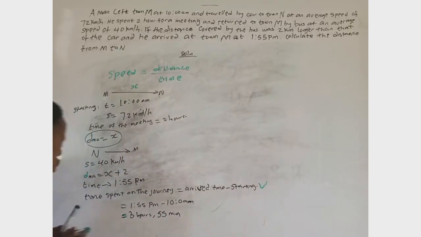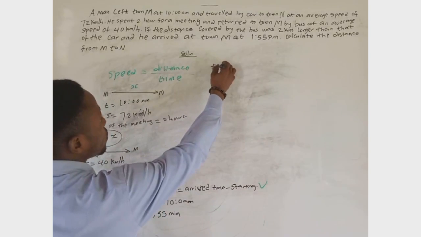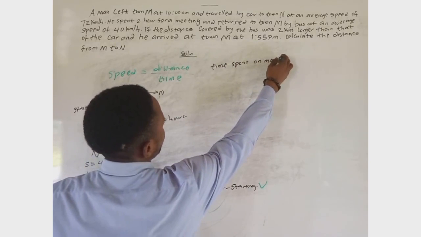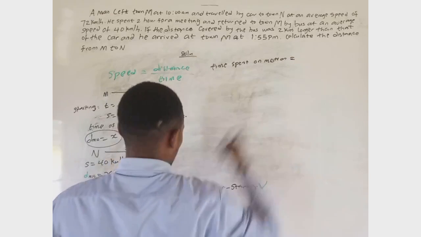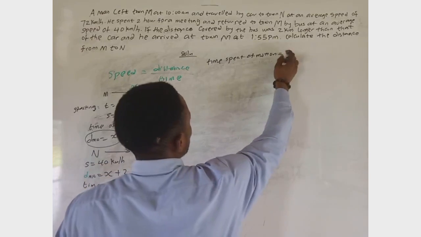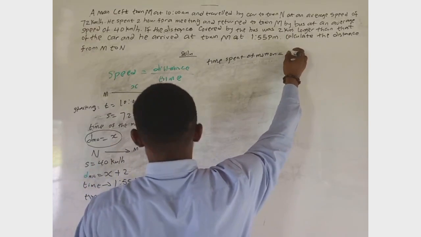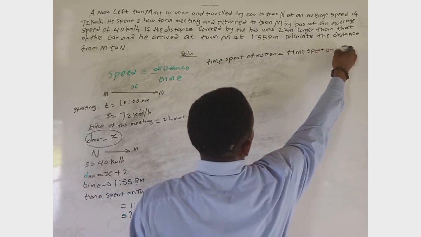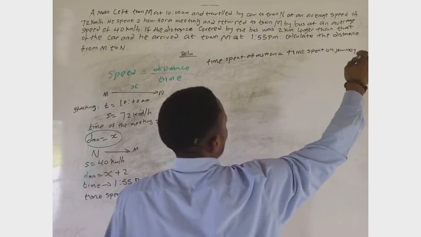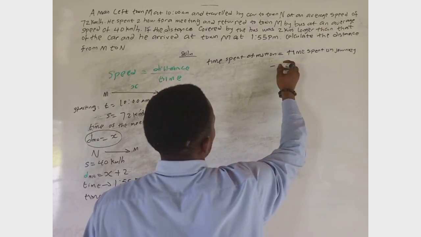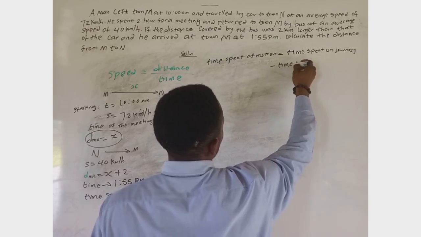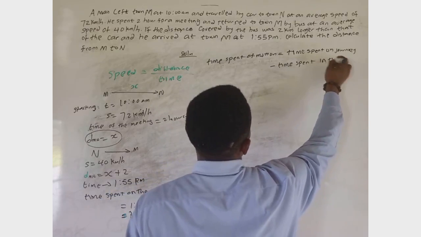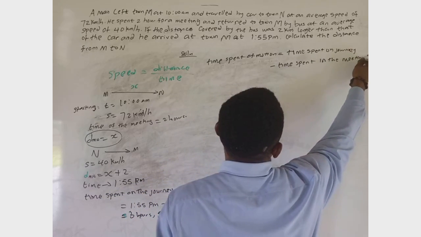The time spent on motion is equal to the time spent on the journey minus the time spent in the meeting.